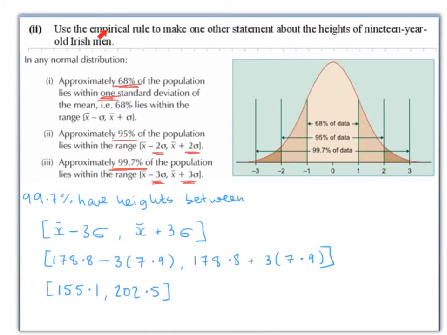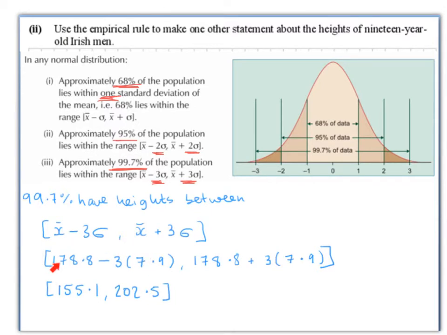So use the empirical rule to make one other statement about the heights of 19-year-old Irish men. Well, we can say that 99.7% have heights between the mean minus 3 times the standard deviation, comma, the mean plus 3 times the standard deviation. The mean, from the previous slide, was 178.8, and the standard deviation was 7.9. They were given in the question.